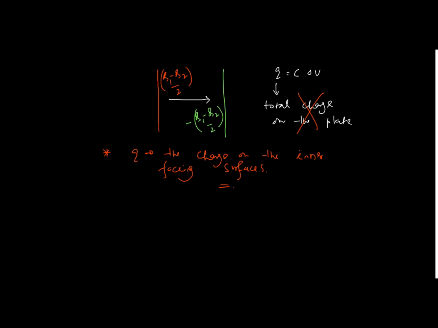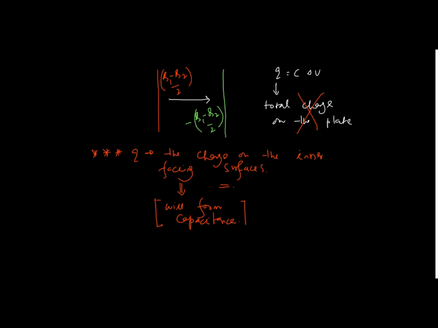The blunt answer is no. Only the charge that is being restricted on the inner facing surfaces will form the capacitance. So the charge on the inner facing surfaces only will form capacitance. I hope this is clear now.